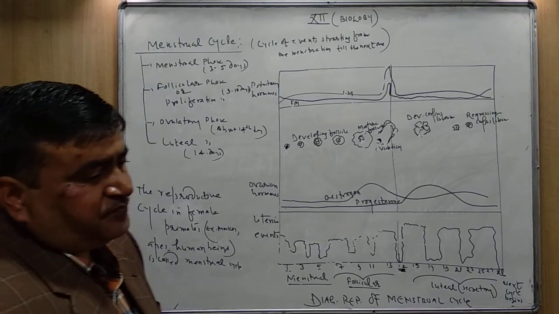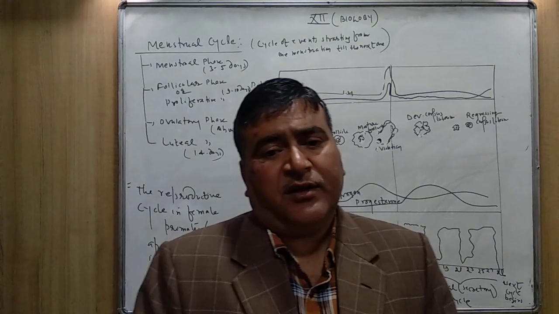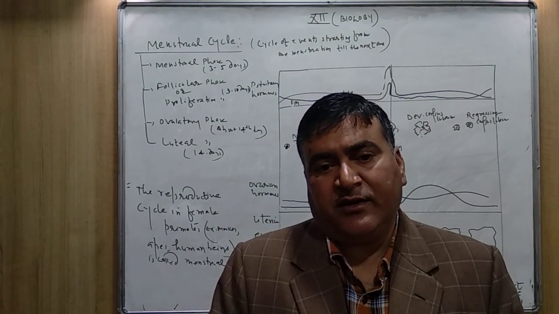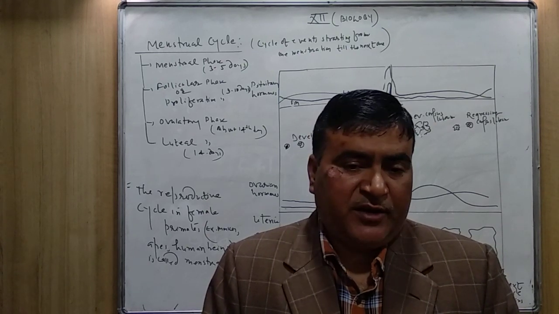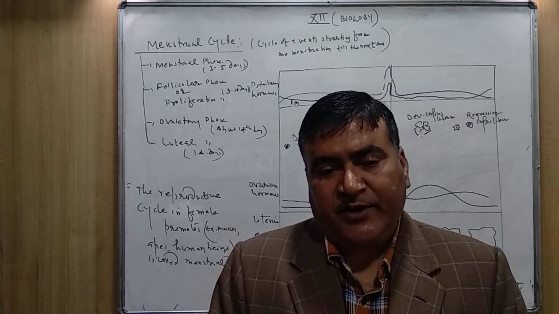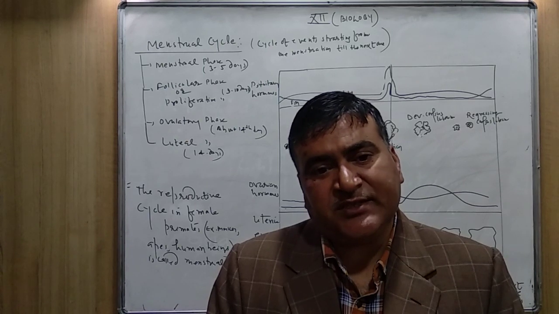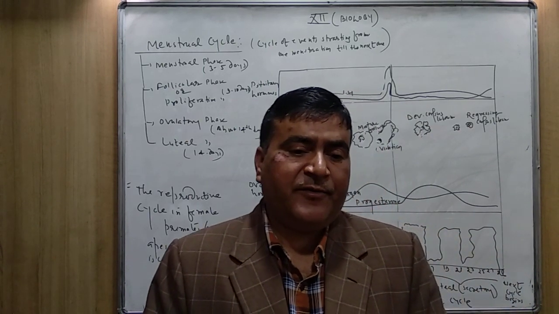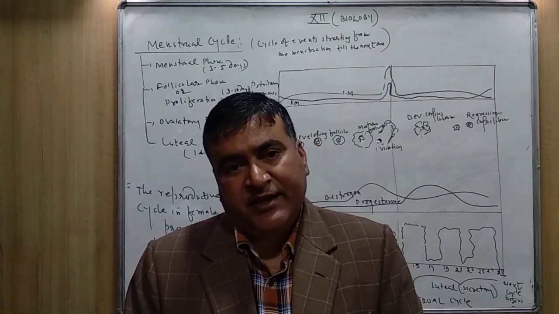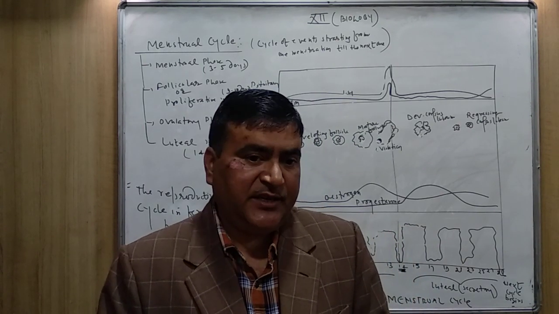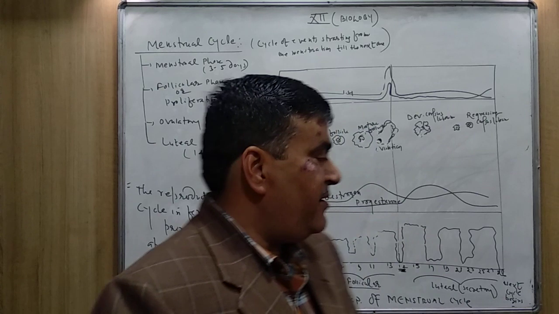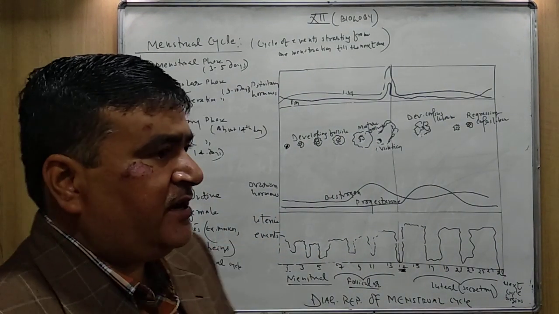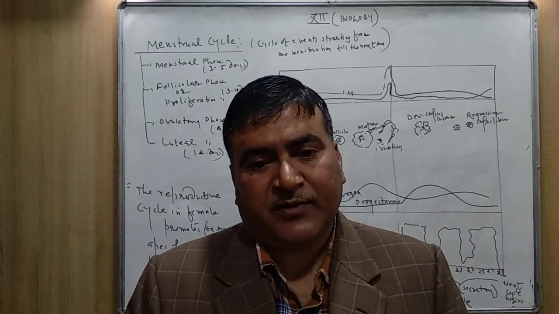Once again, let me summarize, let me compile the topic which I taught today, that is menstrual cycle. The menstrual cycle takes place in female primates like monkeys, apes and human beings.